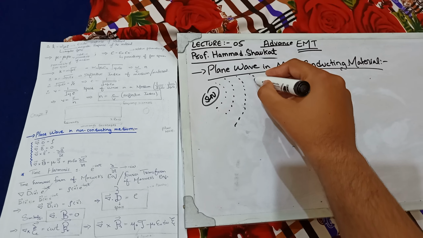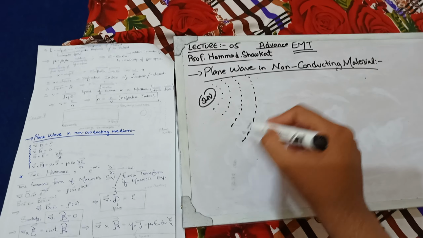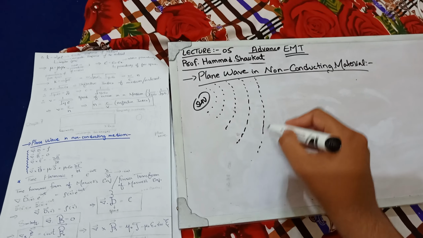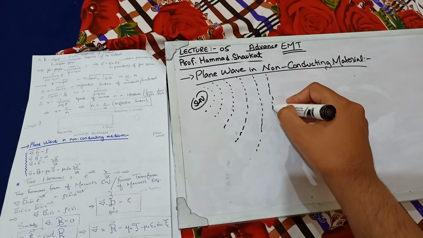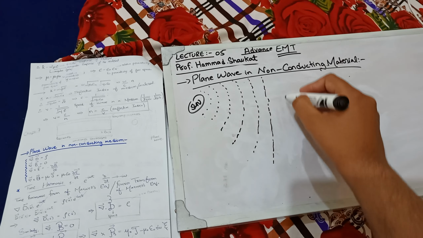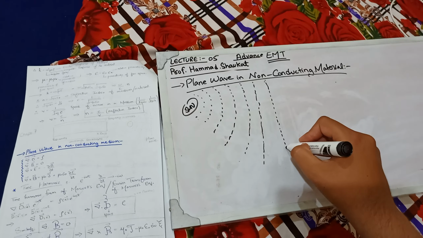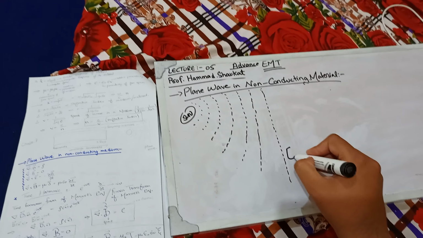But when the distance gets larger and larger, the wave becomes flatter and flatter, and at some point it becomes fully flat when it reaches the earth.